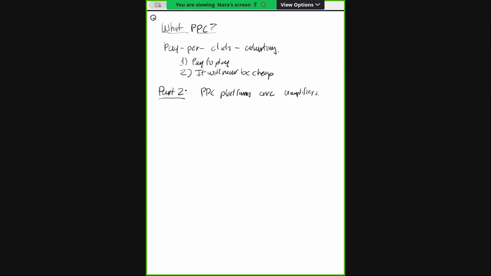If I don't have clients and if I'm starting, then PPC can be an excellent way to test your offer. Can your ads attract the right people? If they can't, what has to be tweaked at the offer level? What has to be tweaked at the messaging level to make this more relevant for everyone, so you get more sales and more conversions?